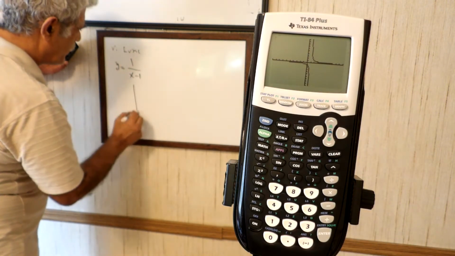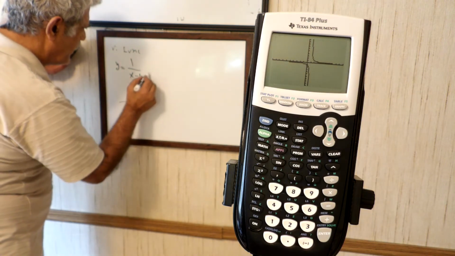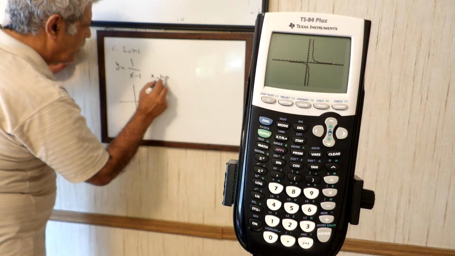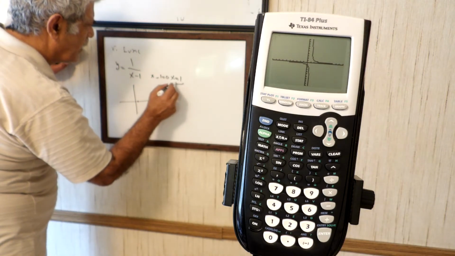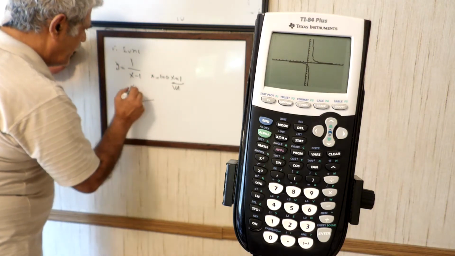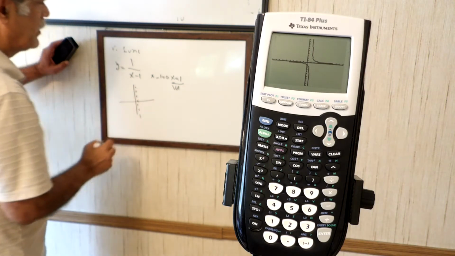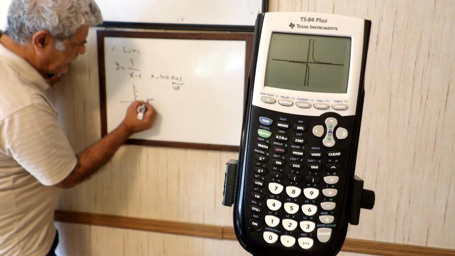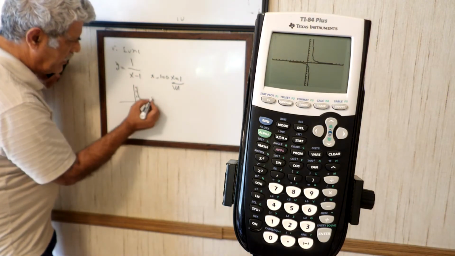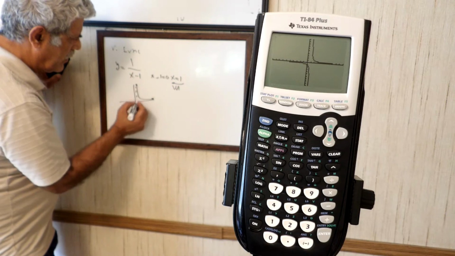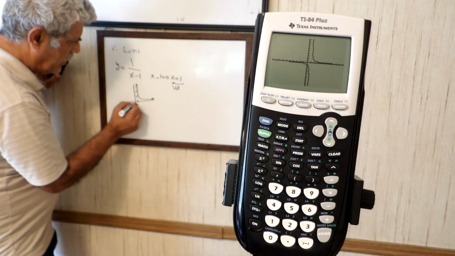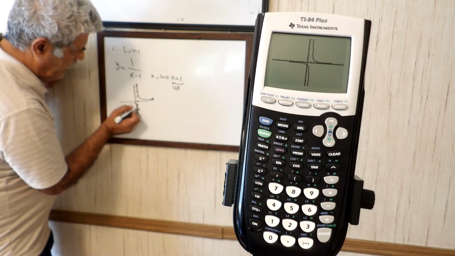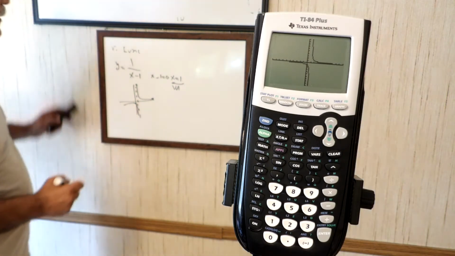Setting x minus 1 to 0 gives x is equal to 1, a vertical asymptote, and the graph goes like this on one side and like this on the other.